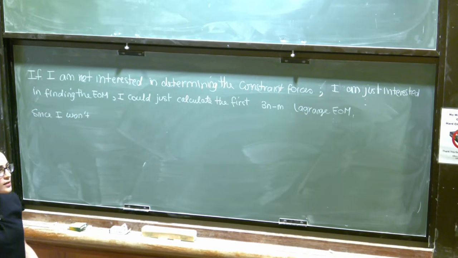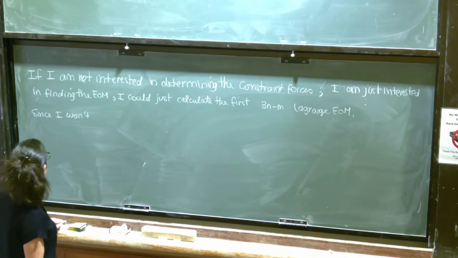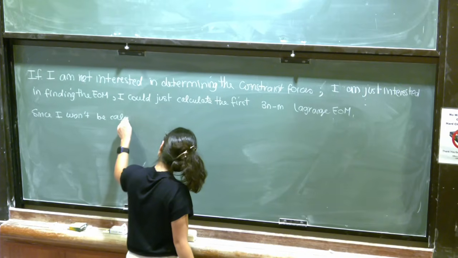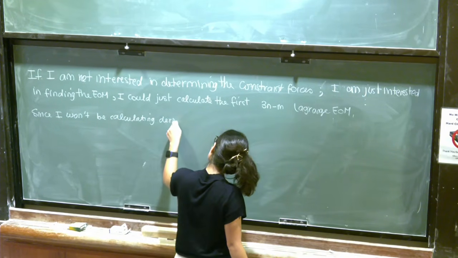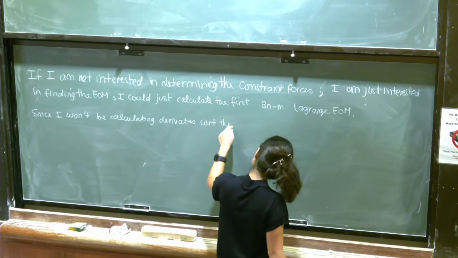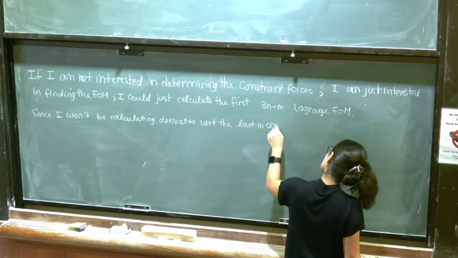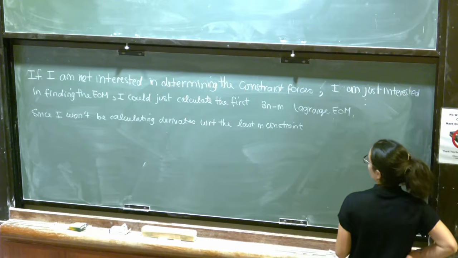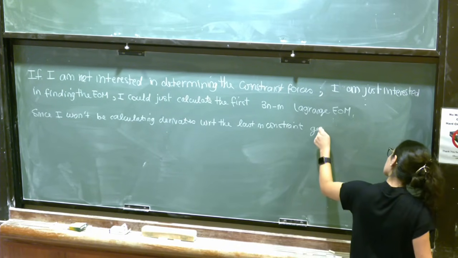I can enforce the constraints in the kinetic energy before, since I won't be calculating derivatives with respect to the last constraint generalized velocity.